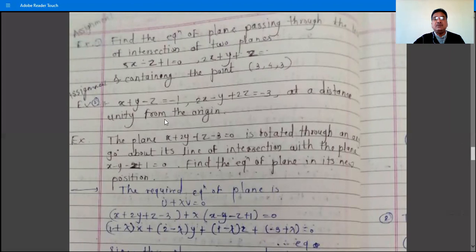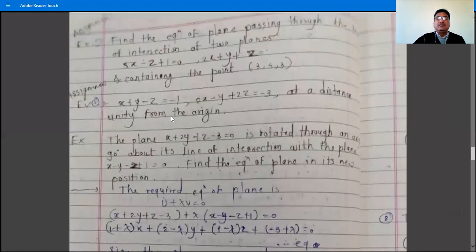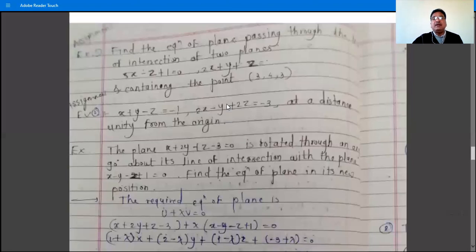Next example: find the equation of plane passing through the line of intersection of these two planes and at a distance unity from the origin. So first write u + λv = 0, that is equation star, and it is at a distance unity from the origin. So what is the distance of the origin from the plane?